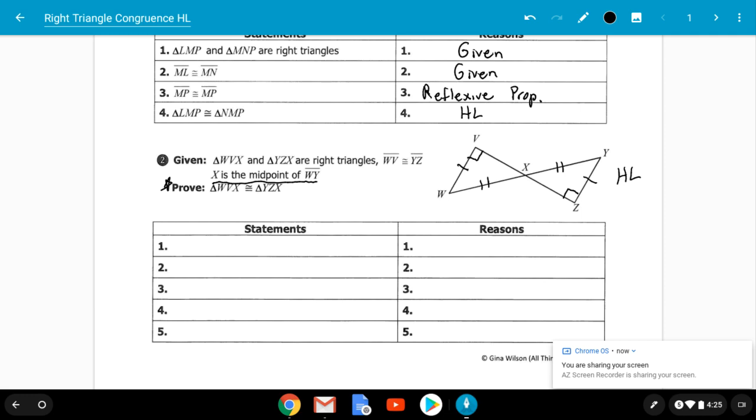Now again, you might be thinking, well, how do I know my right angle is there? Well, let's just pretend. No one needs to say that the right angle is there. Yeah, sure, it could be over here. Don't I still technically have a hypotenuse and a leg here? I mean, I do. Not visually there, but I do.